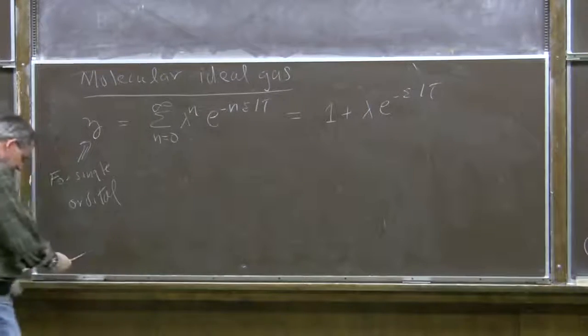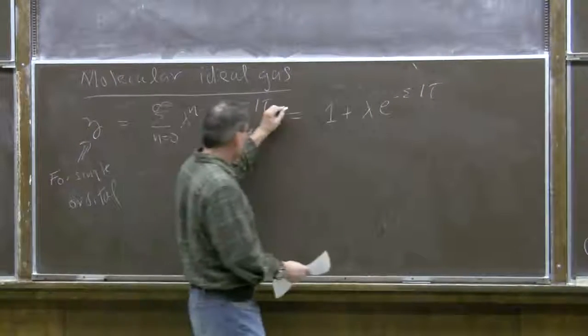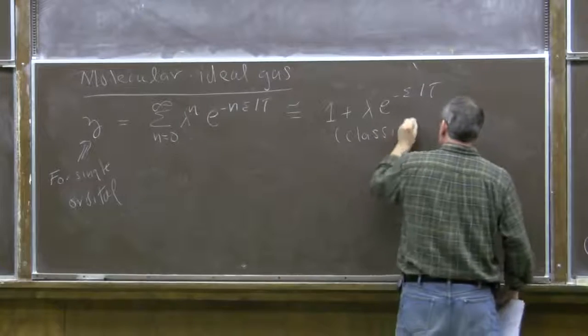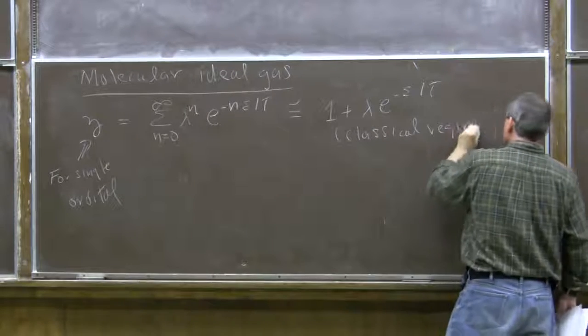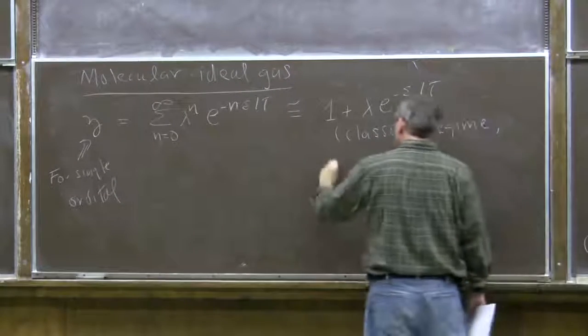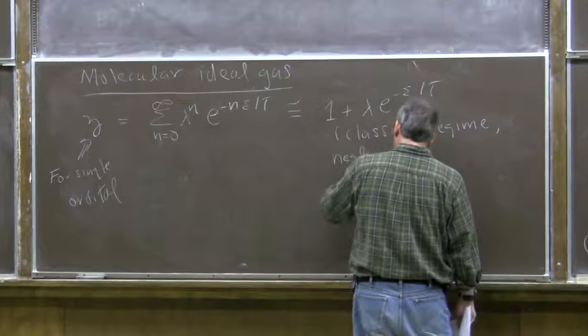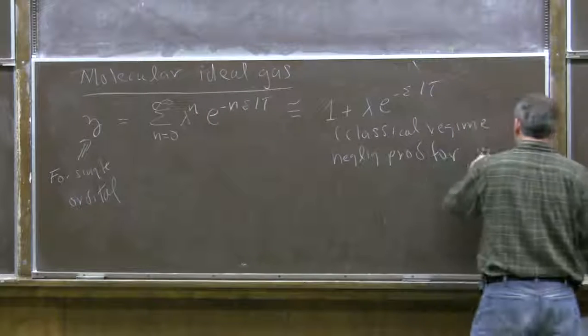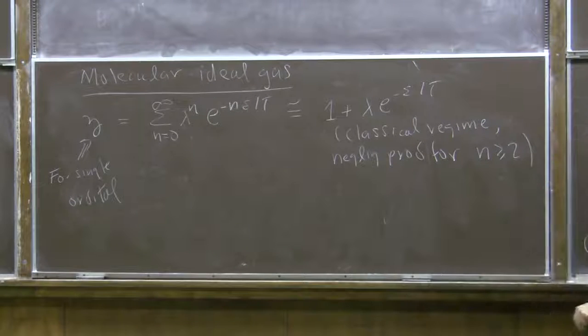Now in the molecular gas, I'll write approximate, since we're in the classical regime, with negligible probability for n of 2 or more.